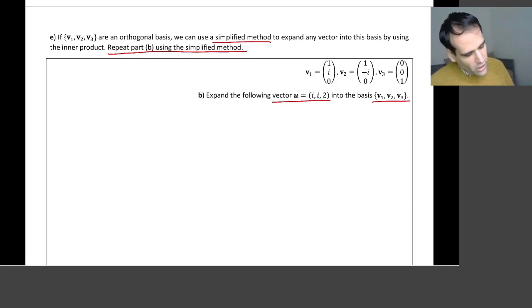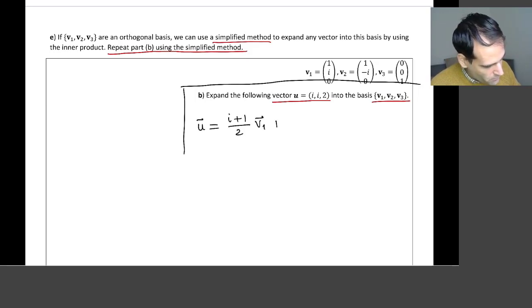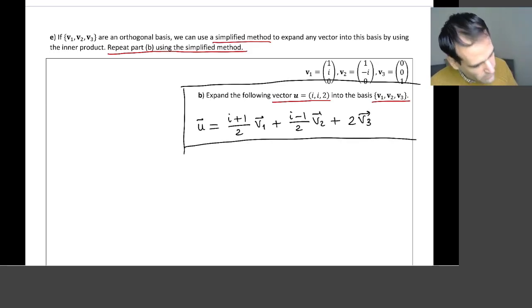Let's remember what we got as our answer for part B, which I did by solving a linear system of equations. The answer was that vector u is equal to (i plus 1) divided by 2 times v1 plus (i minus 1) divided by 2 times v2 plus 2 times v3. That was the result that we got solving it using a linear system of equations. So now we are going to solve it using the recipe for the components of a vector in an orthogonal basis.